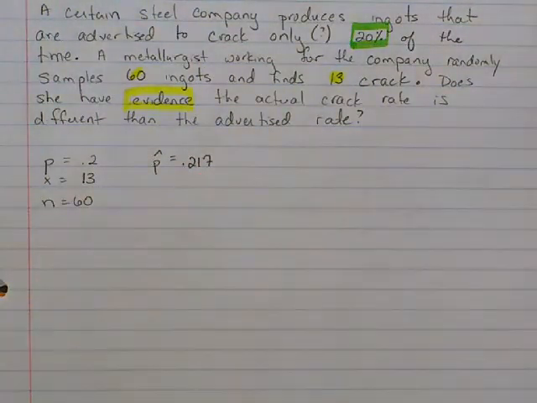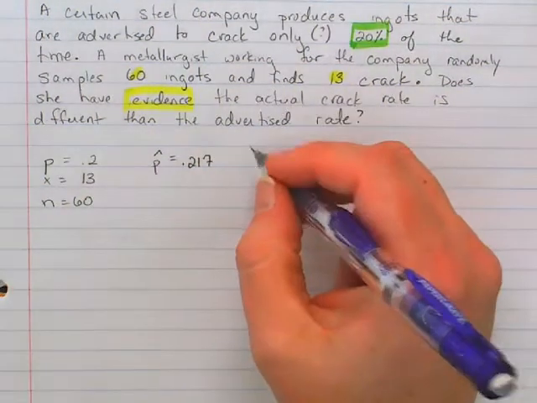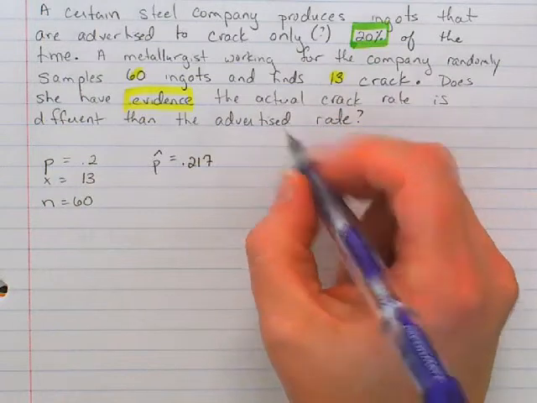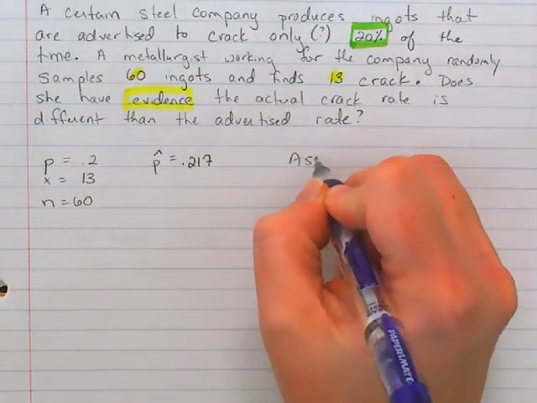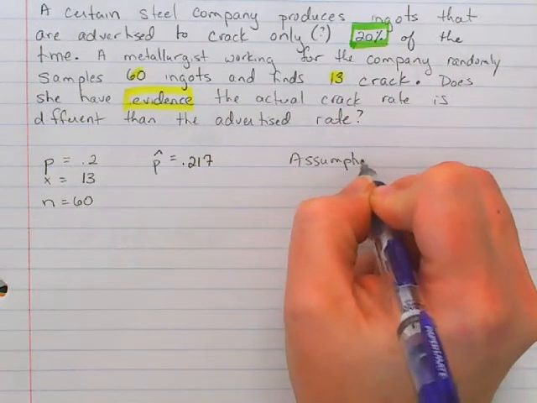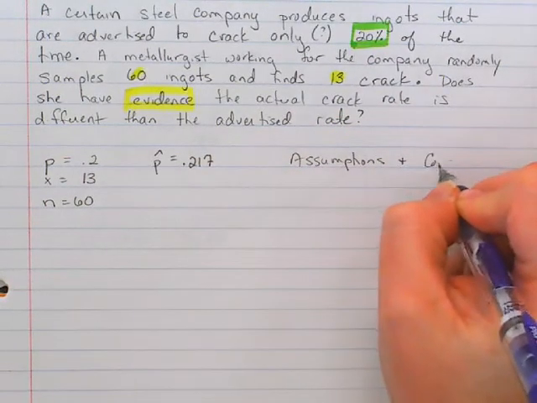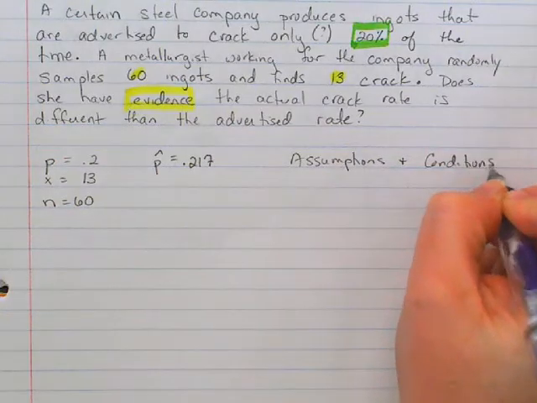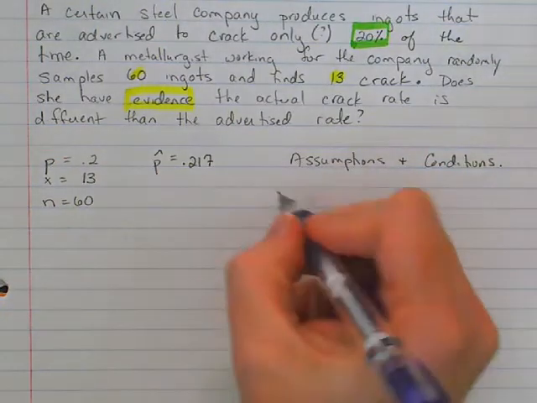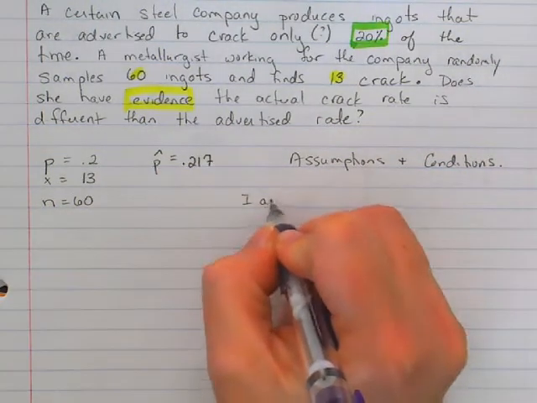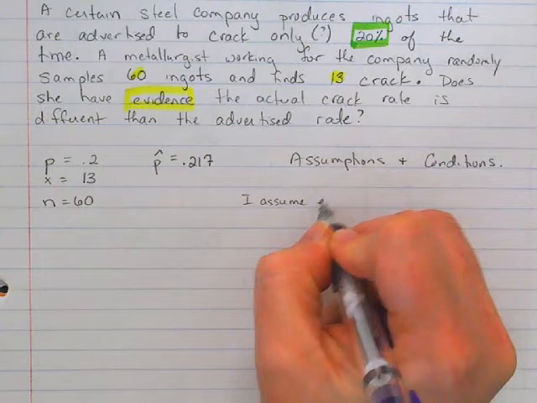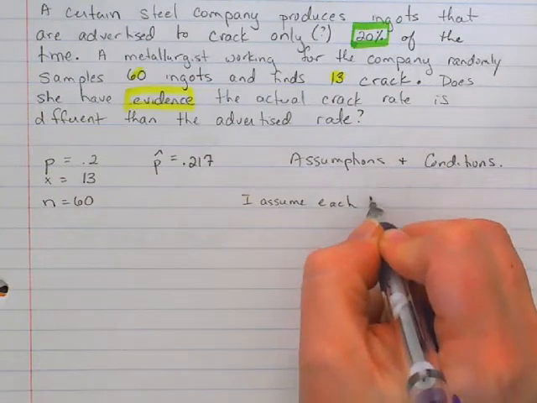So I have the data that I need to get going, but we know that there's a hurdle, my assumptions and conditions. You know that your first is independence. I assume each ingot is independent.